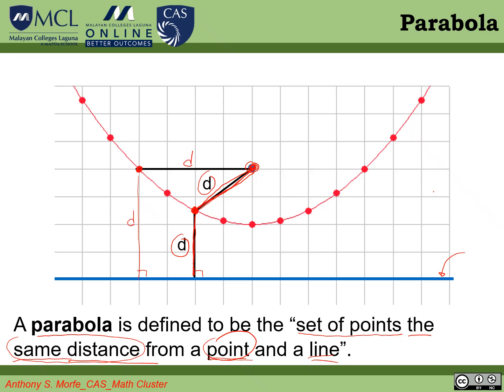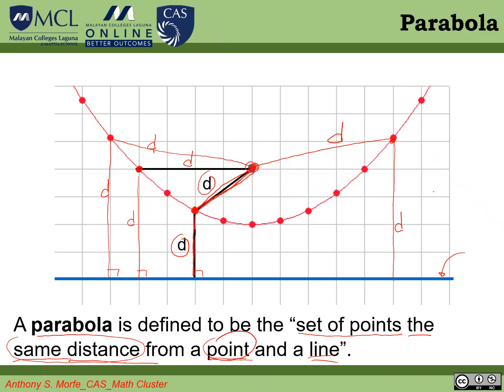So for any of these points, class, if you find the distance from this point to this point and drop a line perpendicular to this line, the blue line, if you call that distance d, this is also equal to d, and so on and so forth. Or if you take this point, when you measure this distance, you call it d, this is also the same distance as this. This is also equal to d.